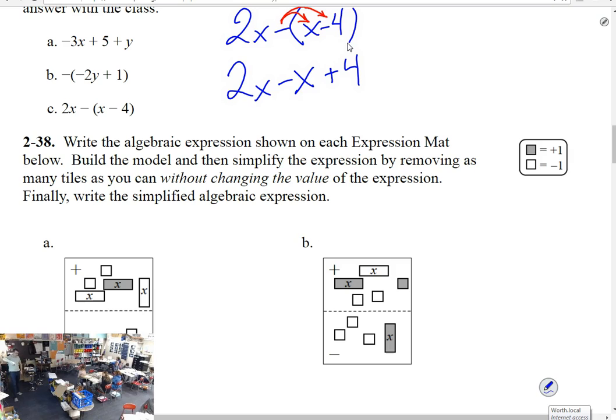So then another way to write it: 3x plus 4? You get positive 2 x's, and then a negative x now. Minus 4. No. You have 2x and 1 negative x. We make a 0 pair.